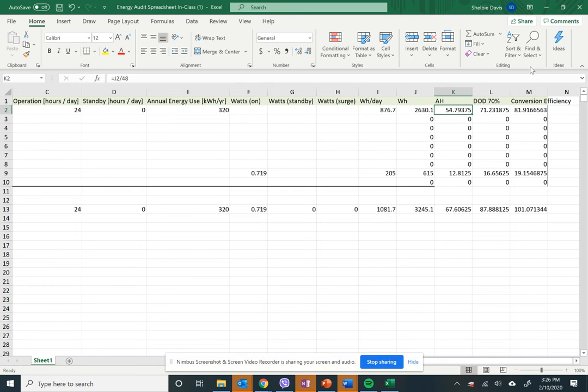So we're going to multiply column K, which is our amp hours, by 1.3 to increase. Wouldn't you need to multiply it by a bit more, because since 70 is now 100%, you have to base the 30 more percent based on 70, not 100?